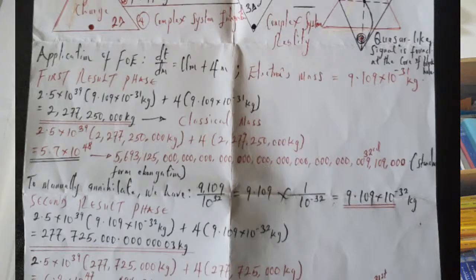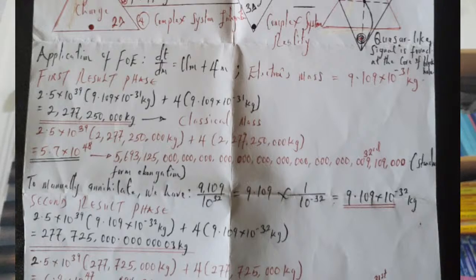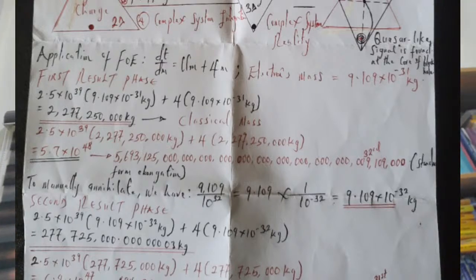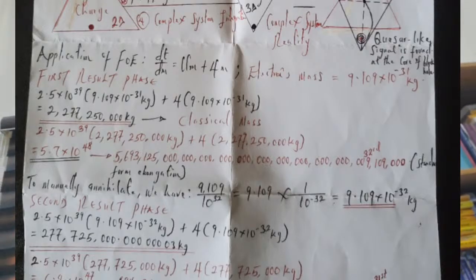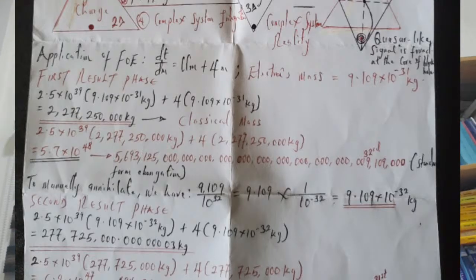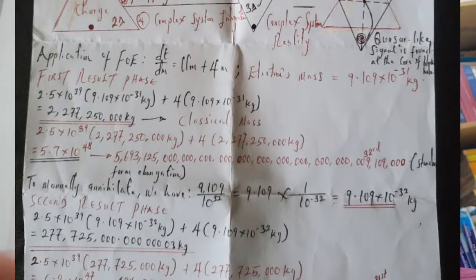But the moment we supply that value, we now get a value of power, which has 5.7 as its base times 10 raised to power 48. Now we have power right there.